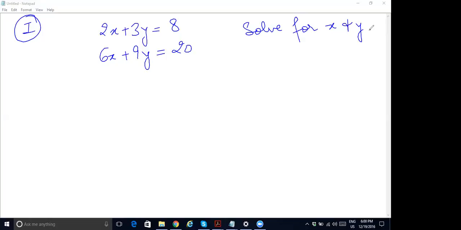So by elimination, it doesn't work, because you're getting 6x plus 9y is equal to 24. Then what should we do? I guess, try substitution.